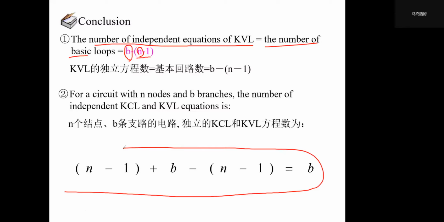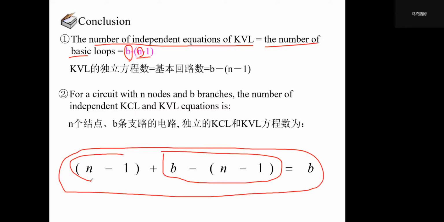So combining this, we know that the latter one is the independent number of KVL equations, and the first is the independent number of KCL equations, right?